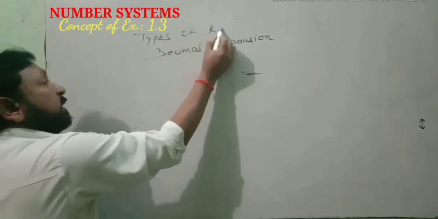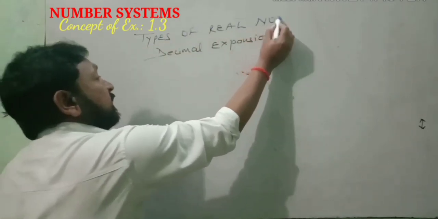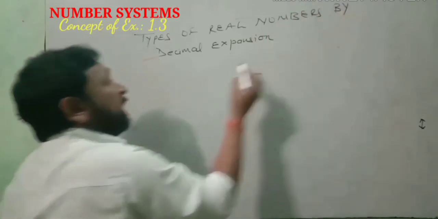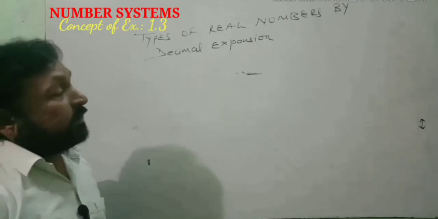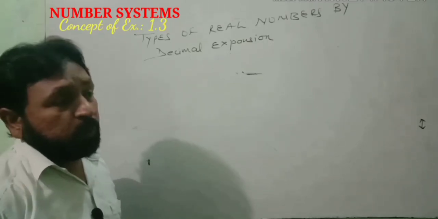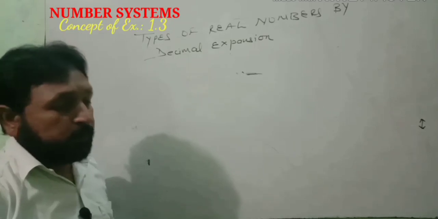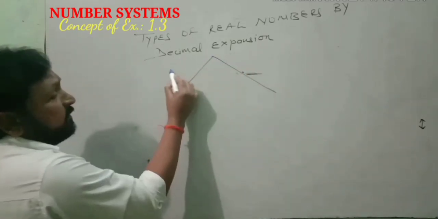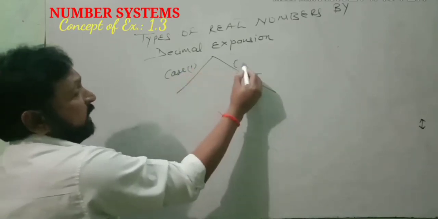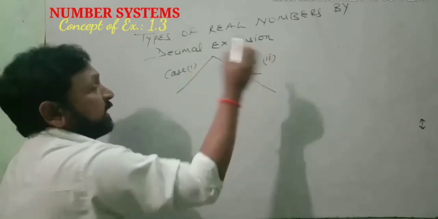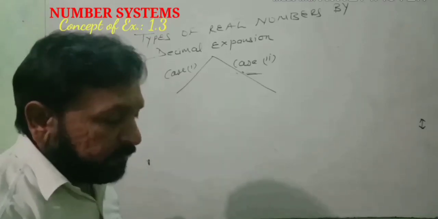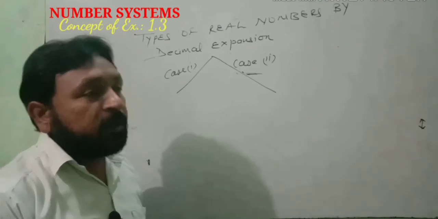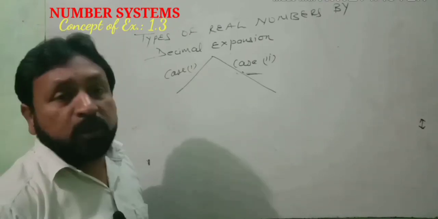See, whenever we do decimal expansion, we will see two cases, case first and case second. Whenever we try to divide, two things will happen: either the division will be over or it will not be over.